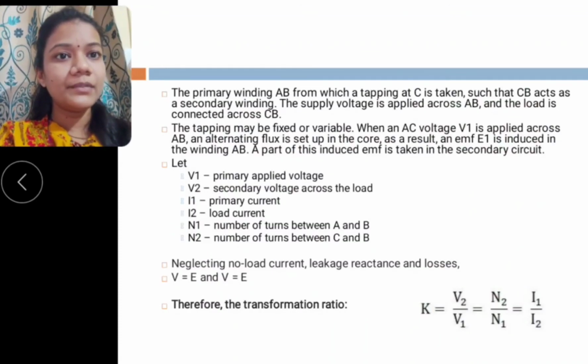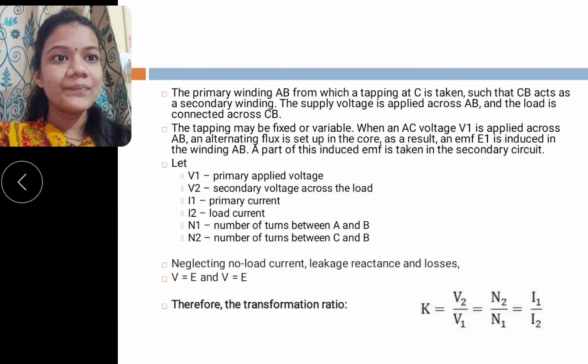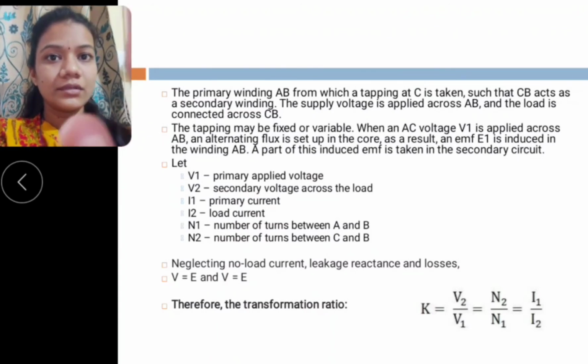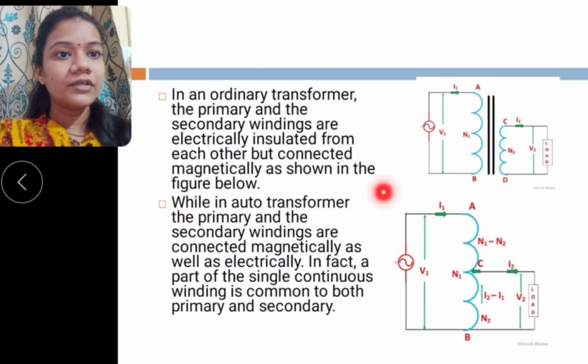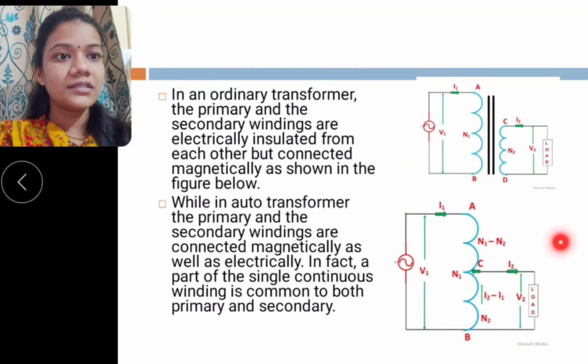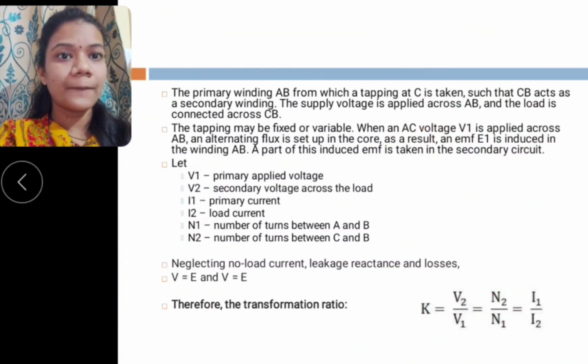The tapping may be fixed or variable. When an AC voltage V1 is applied across AB, an alternating flux is set up in the core and the result is an EMF induced. So when we give the supply voltage between A and B, flux is induced and the result is EMF. This is nothing but your auto transformer.